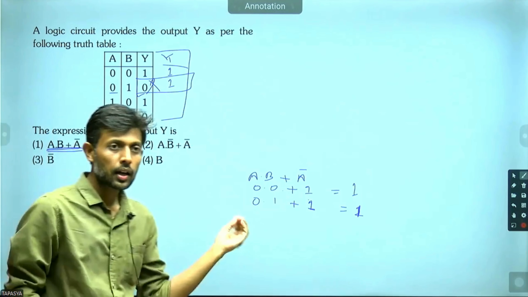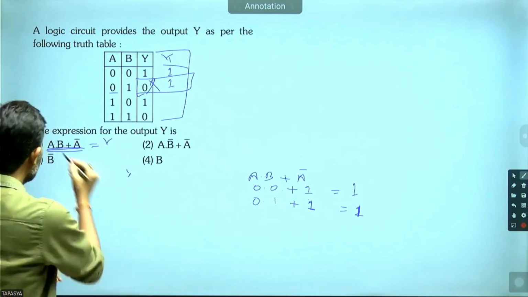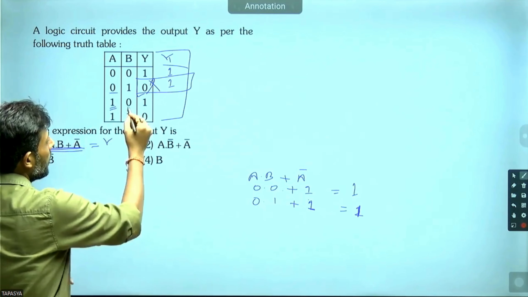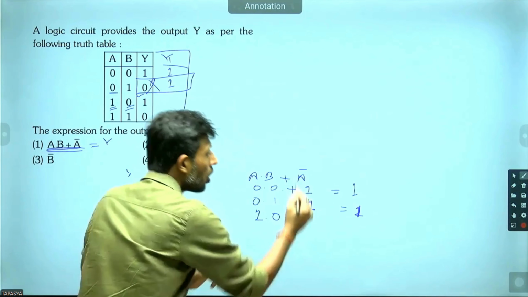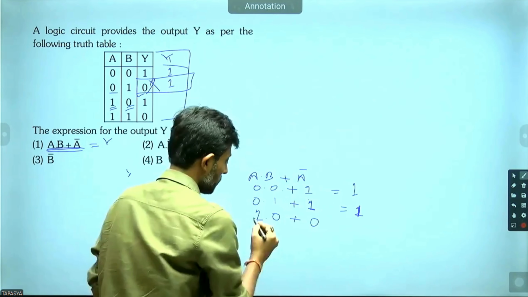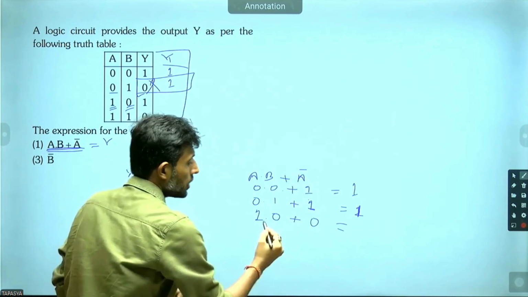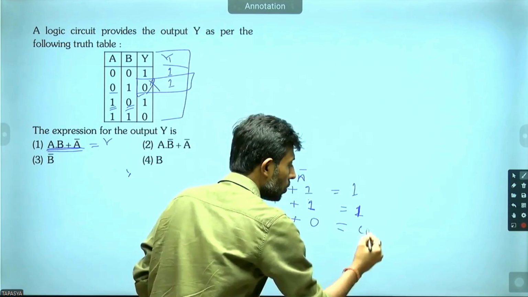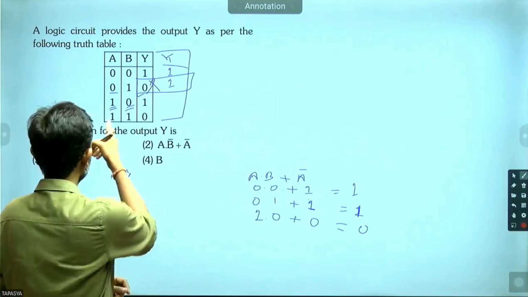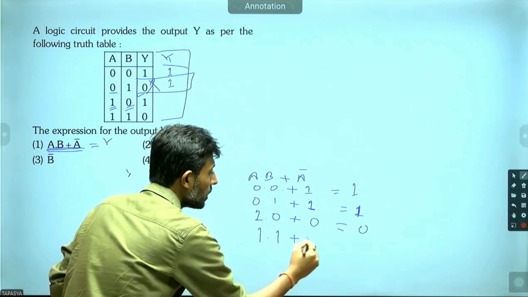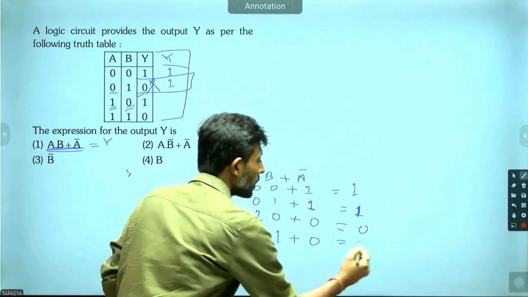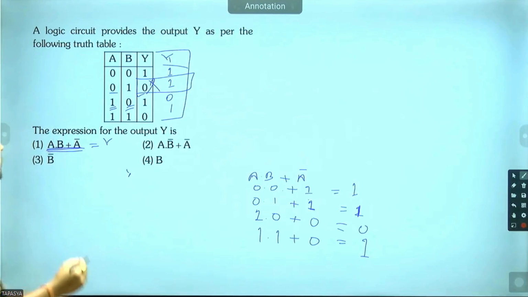Okay, if you want, you can try the other two rows also. If A is 1 and B is 0, not A will be 0, so 0 or 0 will give you 0. Then if A is 1, B is 1, you have 1 for A dot B, and this would be 0. This will give you 1. So 1, 1, 0, 1 is what you are getting if you use this expression.